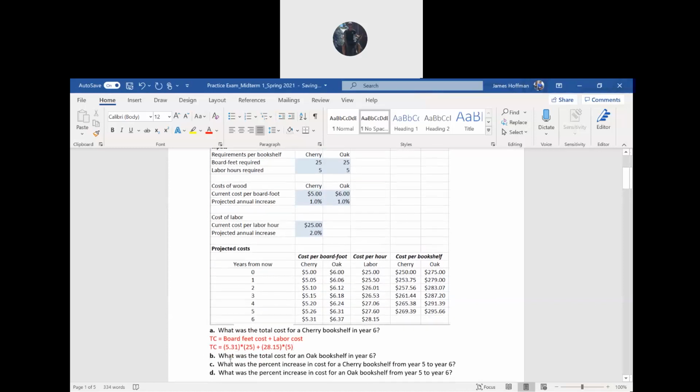Okay, so there's the cost of board feet for cherry, and there's how much you need, and there's the cost of labor, and there's how much you need. Now the total cost is the total cost for year 6.